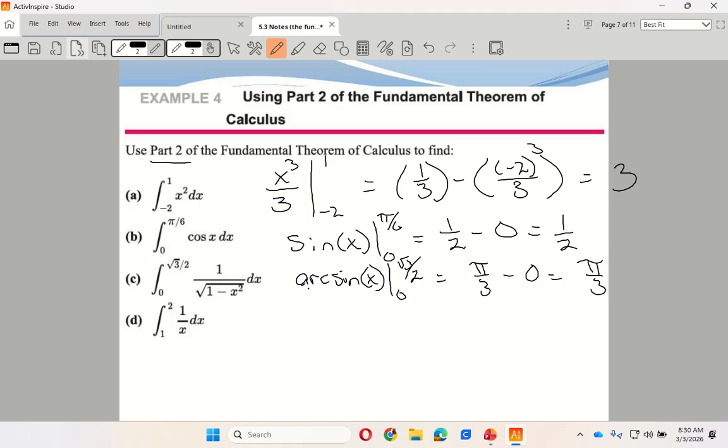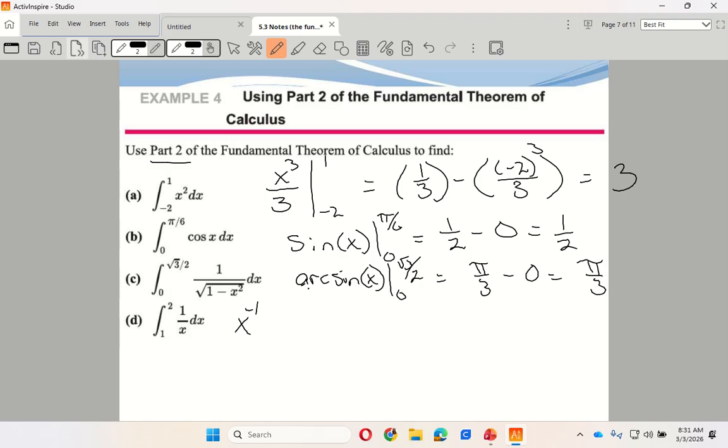All right, this one right here. Like ln. Because if we rewrite this and we use the rules, this is what I'll show you to remind you about this: x to the negative 1, right? And with integration, I always add 1 and then divide by that.